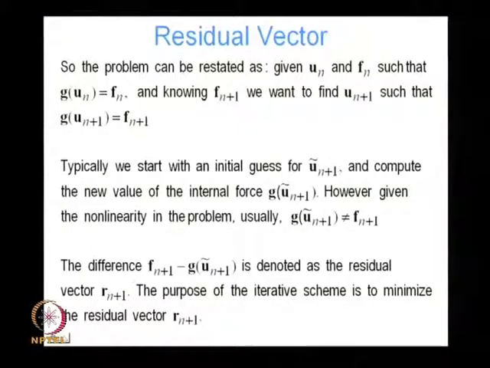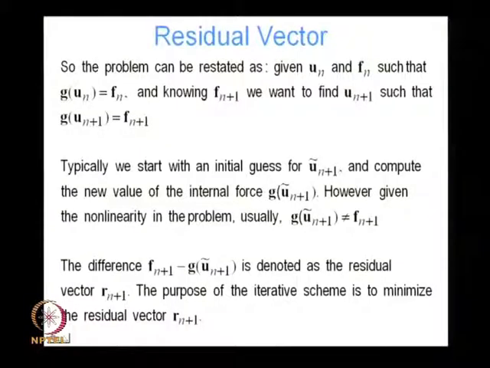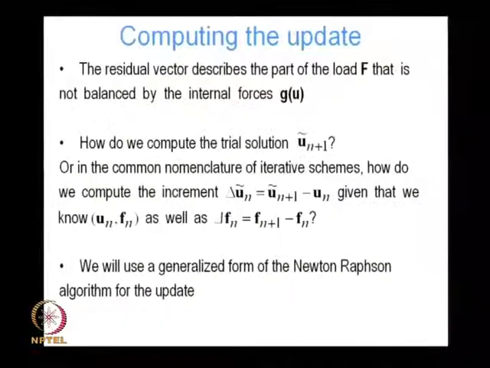That difference, f n plus 1 minus g of u tilde n plus 1, is denoted as the residual vector r n plus 1, and the purpose of my iterative scheme is to change u tilde n plus 1 so that my residual goes to 0. So, the purpose of the iterative scheme is to minimize the residual vector r n plus 1.